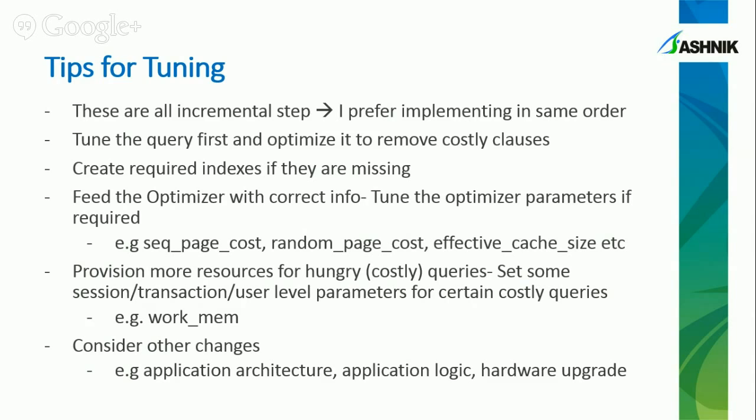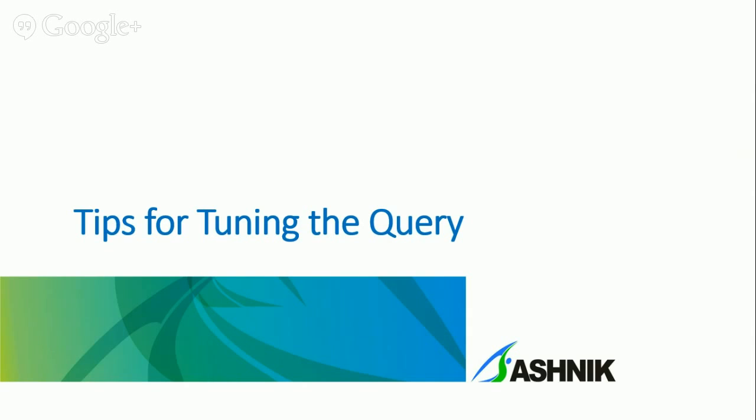But as I said, these are all incremental steps. First of all, try to do all sorts of tuning that you can do. Then only you should go for things like application architecture changes or schema changes or hardware upgrades, because these changes are generally more costly compared to tuning your query or indexing. Now let's look at some tips for tuning the query. Few things that I generally look at and few things that you can easily observe in a query and go ahead and change.